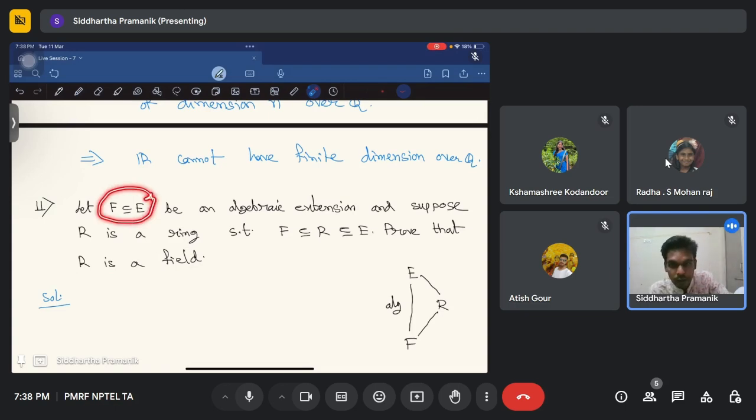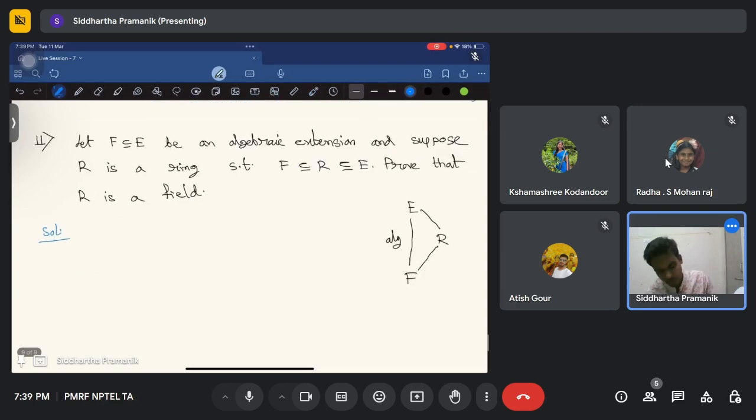So that is something we have to use. So how to use this fact? So we want to show R is a field. So let's take a non-zero element. So let 0 not equal to r belong to R. So we need to prove r is a unit.